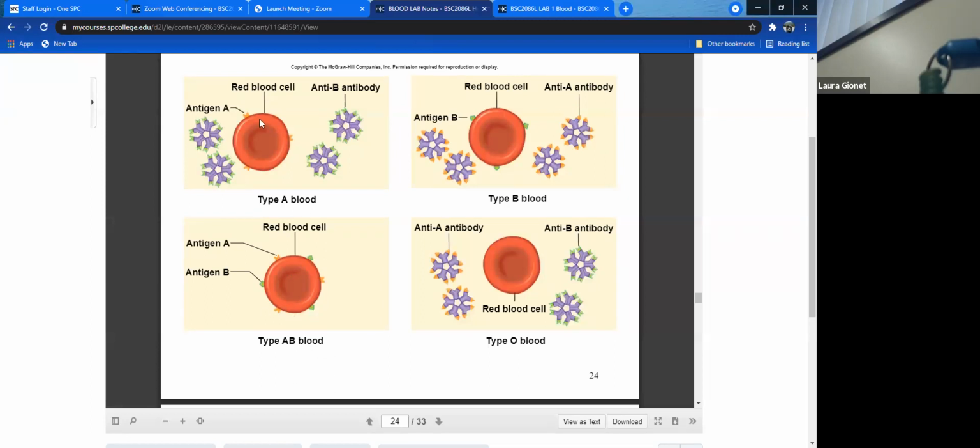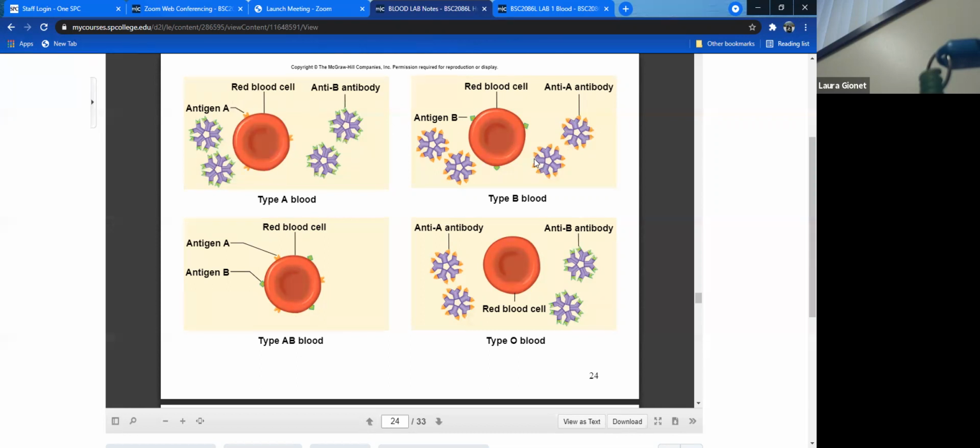If I have a blood type A person, but you don't know it's blood type A, this is what you can do. You can take some A antibodies, because you can have them manufactured. You get a little eyedropper, and you put a couple drops of A antibodies in solution into a blood sample.